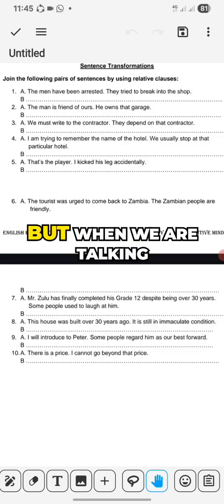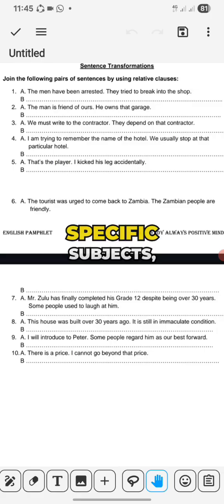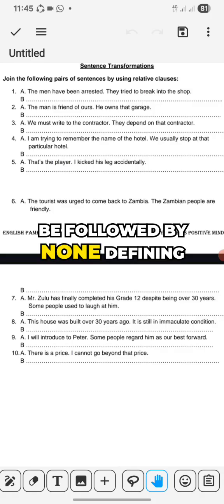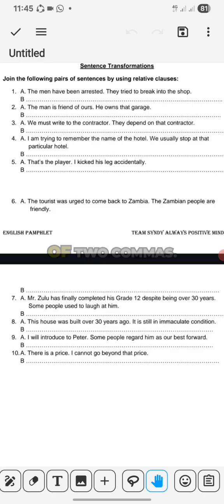But when we're talking about specific subjects, such as these shoes, Mr. Michael, Mr. Matinanga, those are specific subjects. Once there is a specific subject, it means it is going to be followed by a non-defining relative clause. Not only that, it is also going to be accompanied by the use of two commas. I hope I've made myself clear.